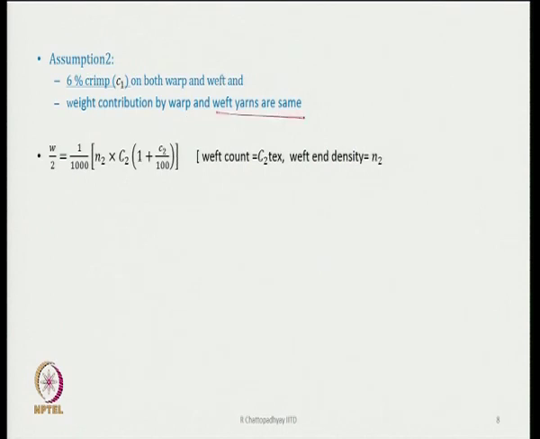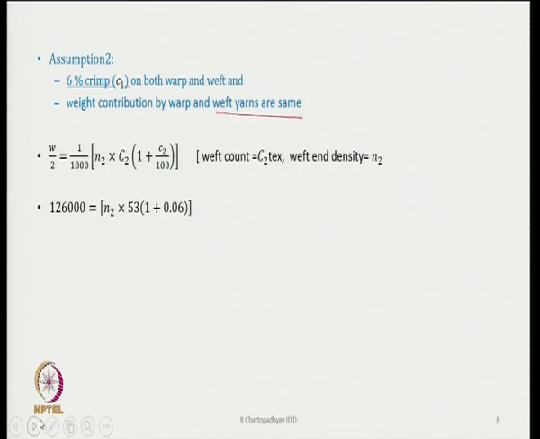So, these two are my assumptions, and with them we can write W by 2, that is GSM divided by 2, is 1 upon 1000 N2 C2 into (1 plus c2 by 100), where small c2 indicates the crimp value and capital C2 is the tex value of the yarn.